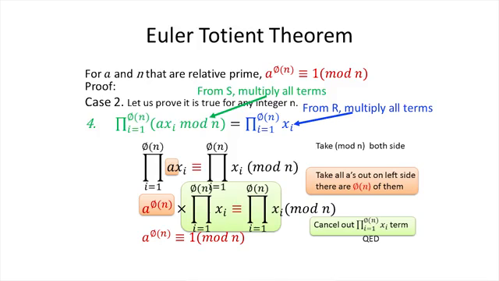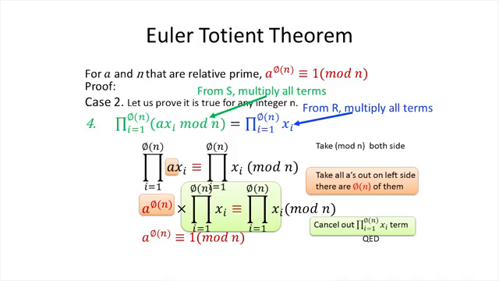So it becomes a to the power of phi(n) as a term outside of the operator, using the orange block to make it easier for you to understand. The third one, we cancel out the term. The term happens to be the product of x sub i, where i equals 1 all the way to phi(n).